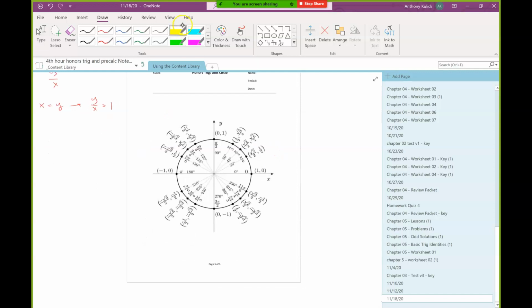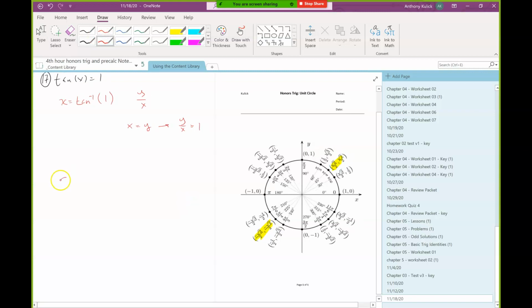There's two places where I see the x and y coordinates are the same, here at pi over 4 and here at 5 pi over 4. So those are my two answers for 0 to 2 pi, because those are the only two places on the unit circle where the x and y coordinates are identical.